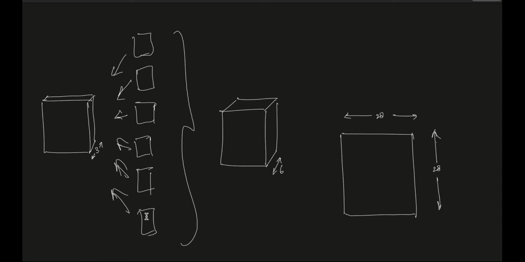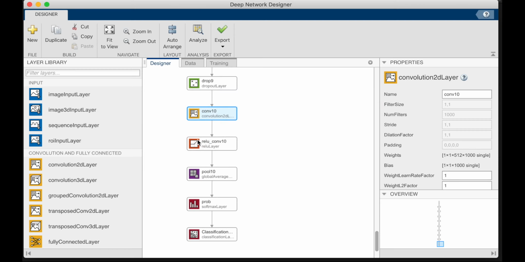Resultantly, you would have 6 images. Obviously they're stacked, each one coming from the convolution result of each filter, and these are done independently. Okay, so that's the idea.